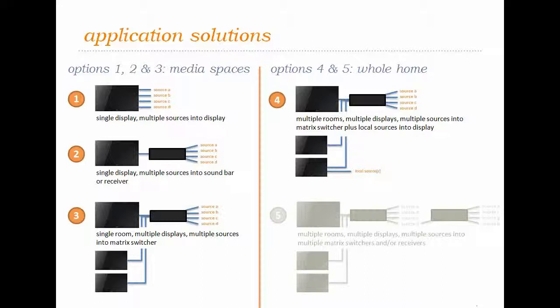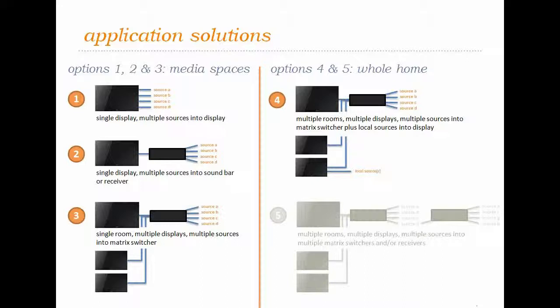So for example, in the image that we have up on the screen, you can see three common video options for a single room on the left-hand side. So we're calling those options 1, 2, and 3 around media spaces. That's basically a single display with multiple sources into it, or a single display with multiple sources into a receiver or an HDMI extender.